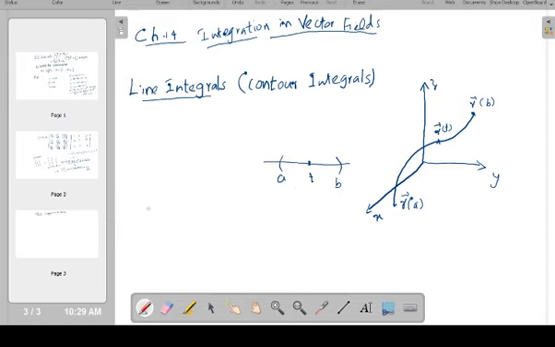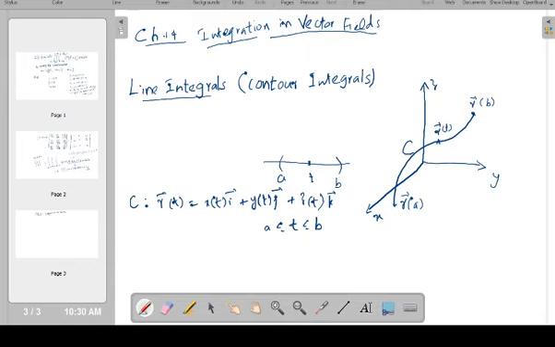So a parameterized curve can be represented as, you can give a name for this, c. So c is parameterized as r of t equal to, let us say, x of t vector i plus y of t vector j plus z of t vector k, a less than or equal to t less than or equal to b, where x of t, y of t, z of t are the coordinates of the particle at time t.